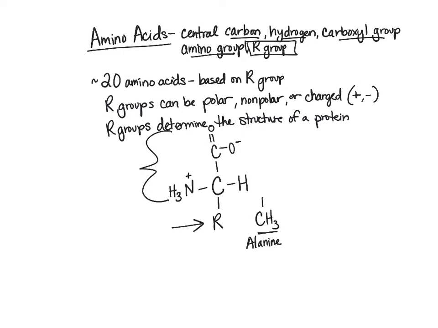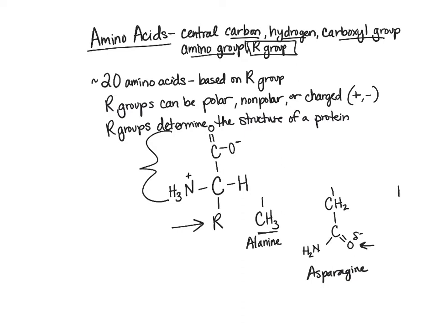Then let's say, for example, we had something like asparagine, which actually has some more nitrogen on it there. But you can see right here would be a partially negative section. And so this would be a polar group, asparagine. And so this would then interact with water, would be hydrophilic, and would be able to interact with water in that way.